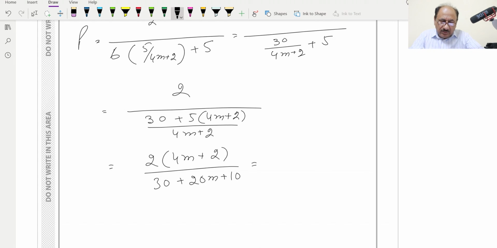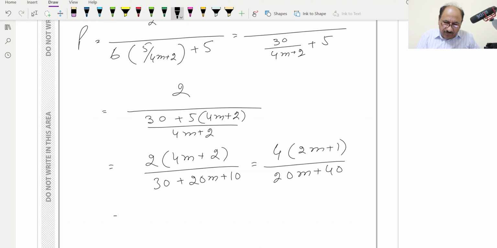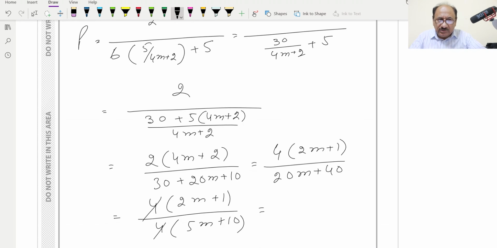We can take common 2 more from numerator, so it will be 4 into 2m plus 1 over 20m plus 40, and 4 we can take from denominator also common, so it will be 4 into 5m plus 10, and 4 will be cancelled, and our answer will be 2m plus 1 over 5m plus 10, or we can write 10 plus 5m.